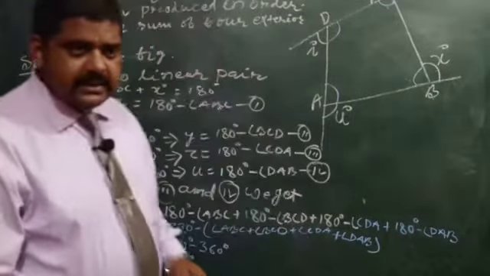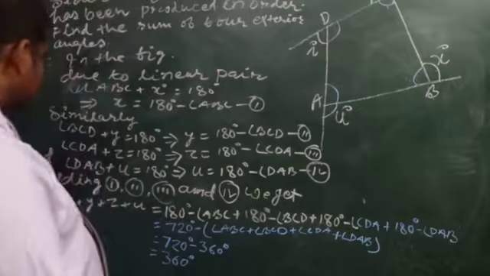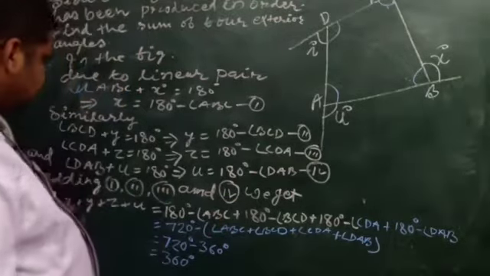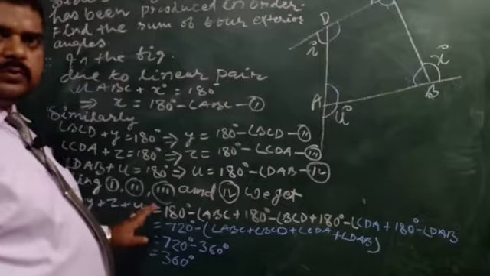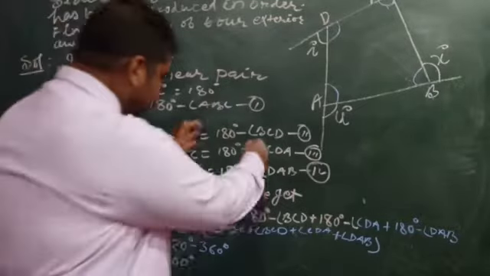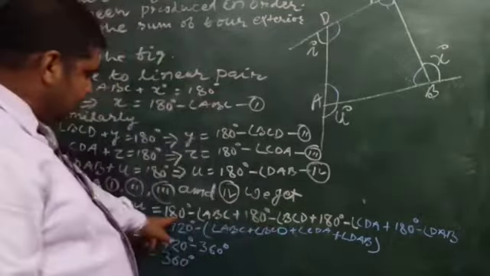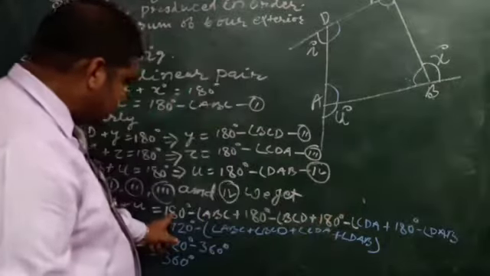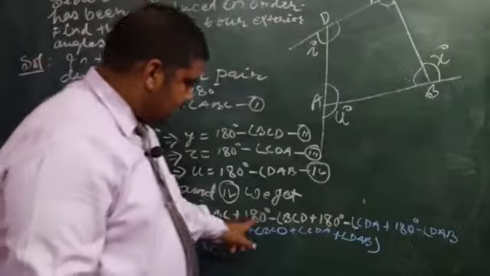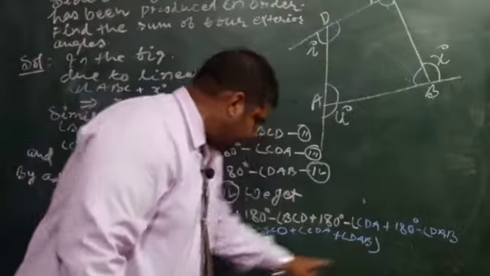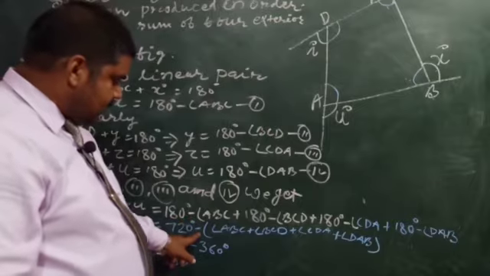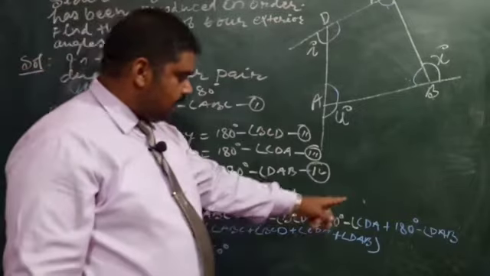Now you can see that by adding first, second, third and fourth, we get x plus y plus z plus u is equal to 180, 180, 180 and 180, that is equal to 720, and you take the minus as common and the sum of these four angles.